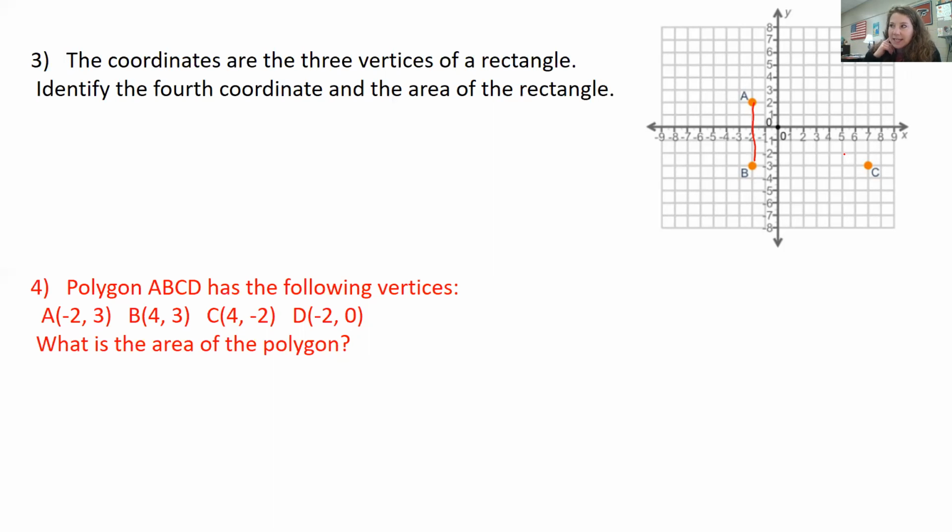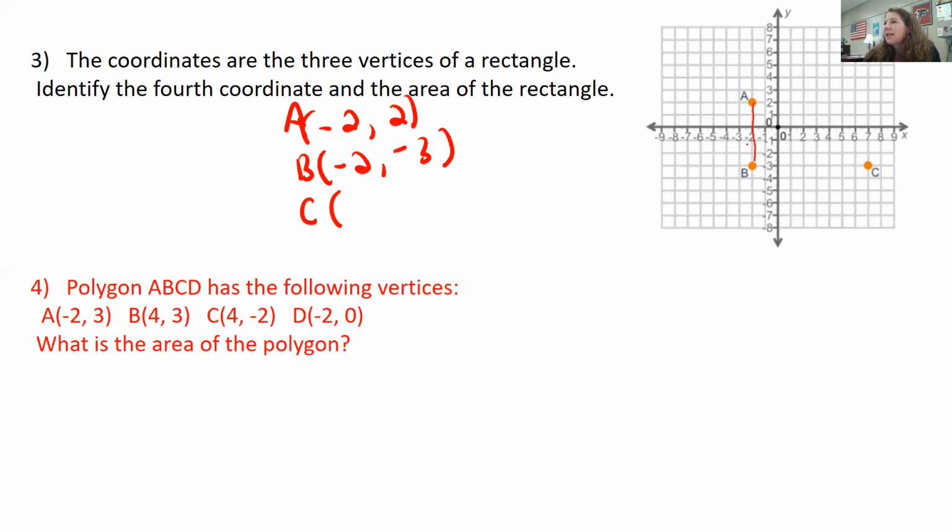So basically every one of our numbers is going to repeat twice. For example, the coordinate of A is -2, 2. B, we have -2, -3. All right, so we have 2 -2s, correct?